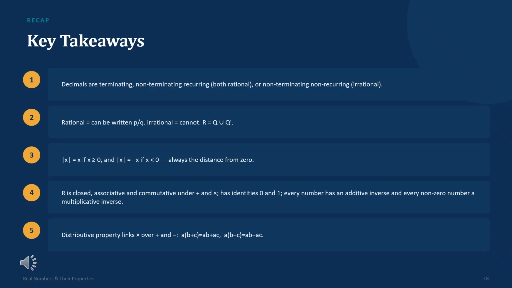Third, the absolute value of a number represents its distance from 0 and is always non-negative. Fourth, the set of real numbers is closed, associative, and commutative under addition and multiplication, with clear identity and inverse elements. And finally, the distributive property successfully links multiplication over addition and subtraction.